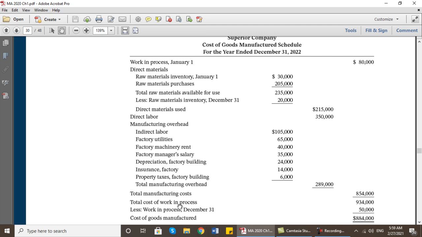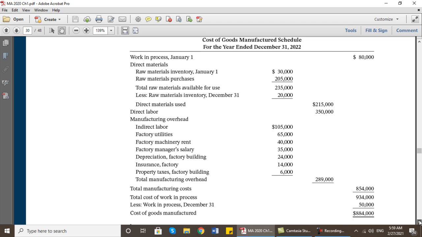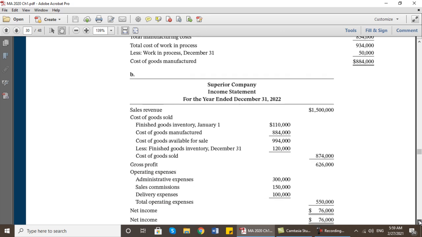Total cost of work in process: we add the beginning work in process to the current year, then we subtract the ending work in process, and we get cost of goods manufactured. The income statement for this company for the year ended starts with sales revenue less cost of goods sold.